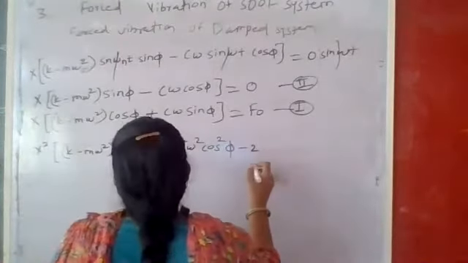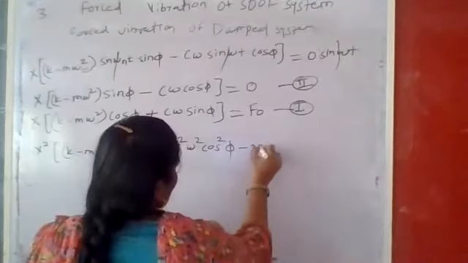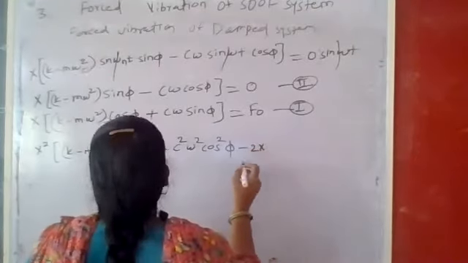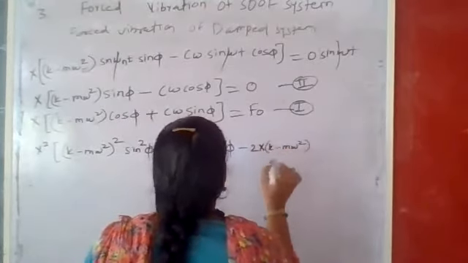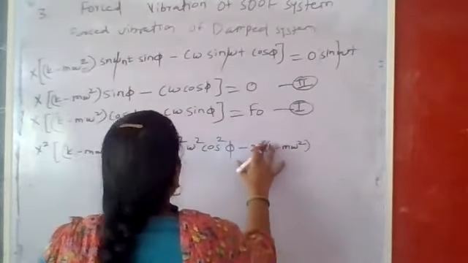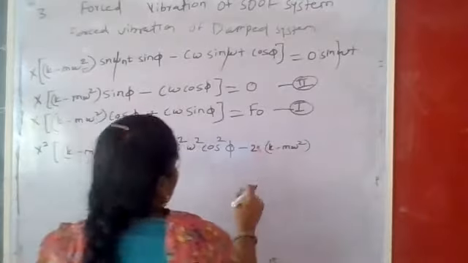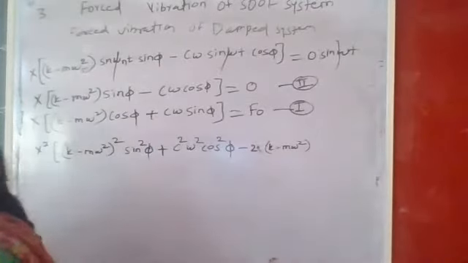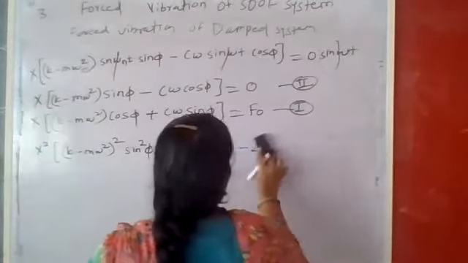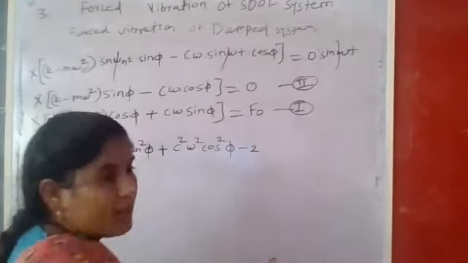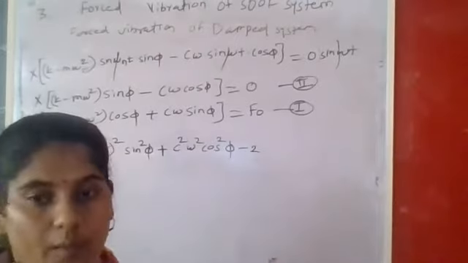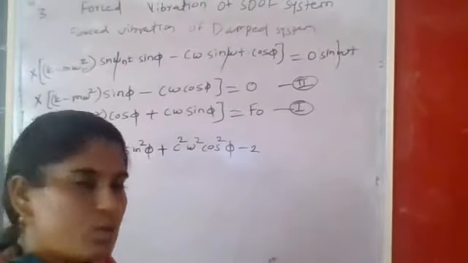What will come, see: 2 into common X. What remains is again (k minus m omega square), or X is a common term, already taken outside. So only a and b, we have to take twice ab. (a minus b) bracket square is equal to a square plus b square minus twice ab.